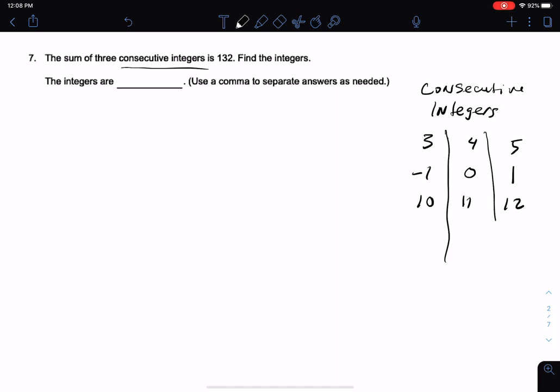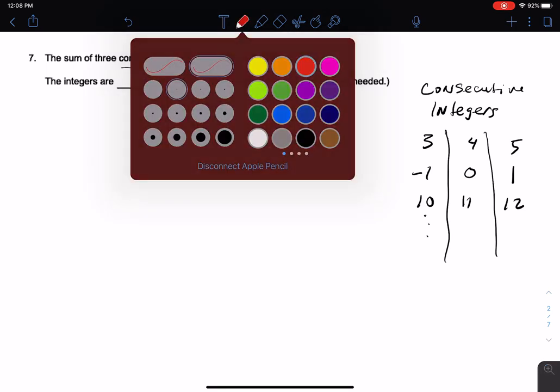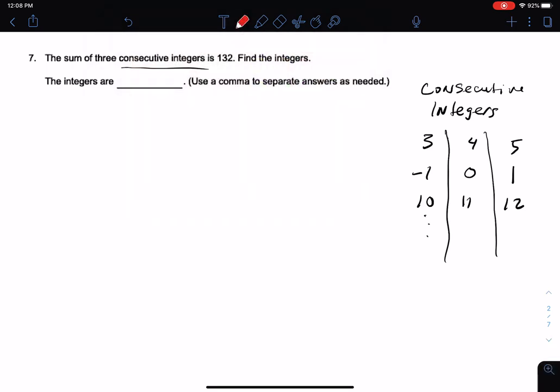So something that you'll start to see, if you want to generalize this, is this: if I'm going to make x my first consecutive integer, notice the pattern. If I want to go from my first consecutive integer to my next, I just add 1.